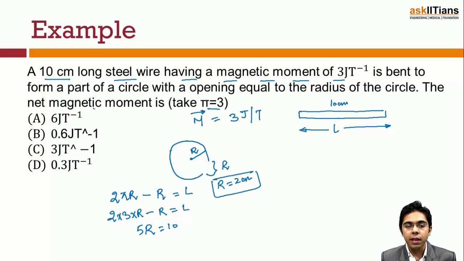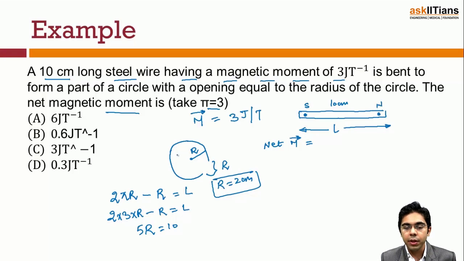Now we have to find the net magnetic moment. We have seen that r is equal to 2 centimeter. Let me write the net M equals, so we don't know what the net magnetic moment is. Let's say this is the south pole and this is the north pole.